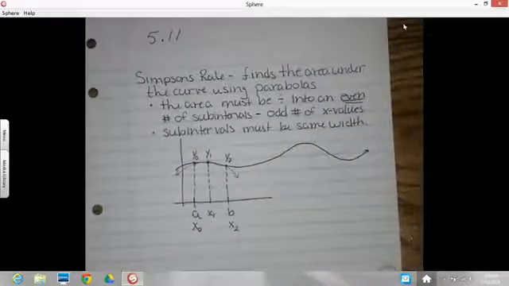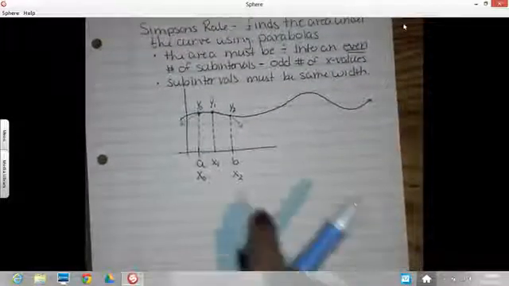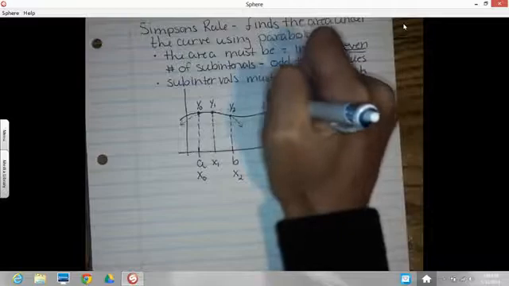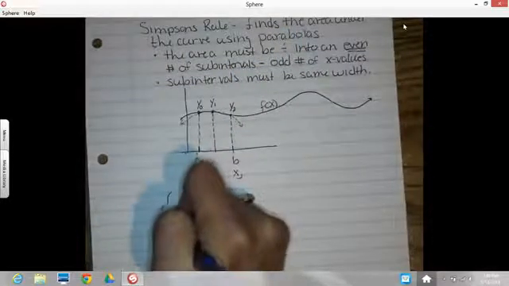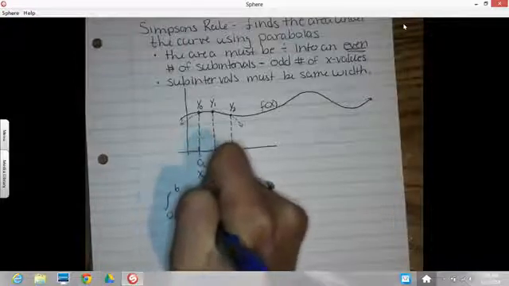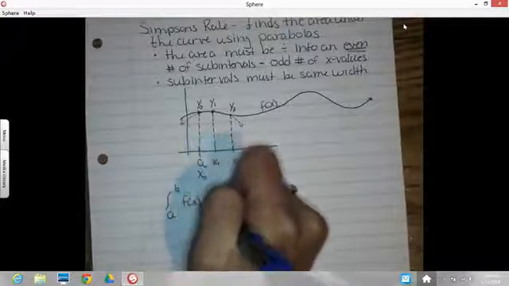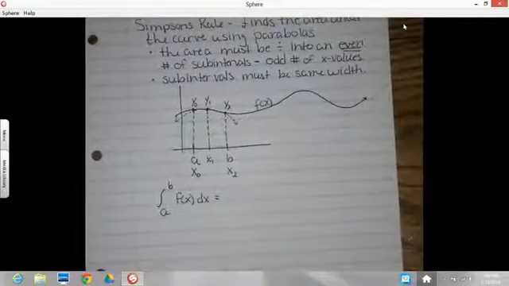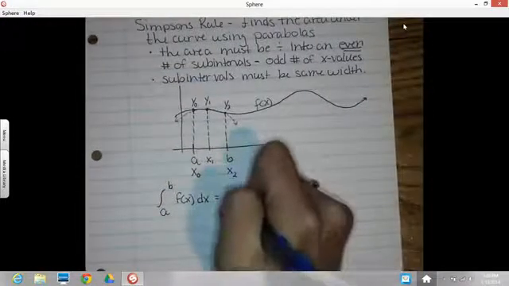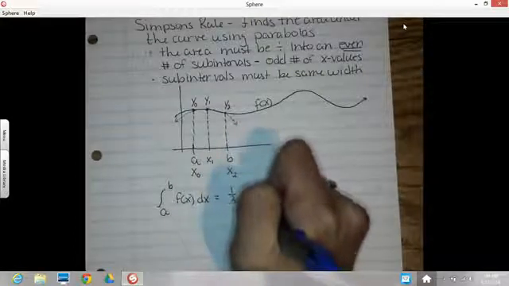Okay, but the way Simpson's rule works, if we call this original equation f of x, to get the area under the curve from A to B of f of x dx using Simpson's rule, it's just a little plug and chug formula. You take 1/3 times your change in x, delta x.